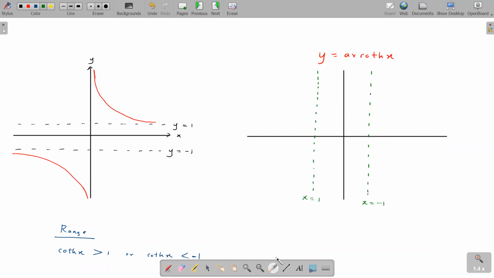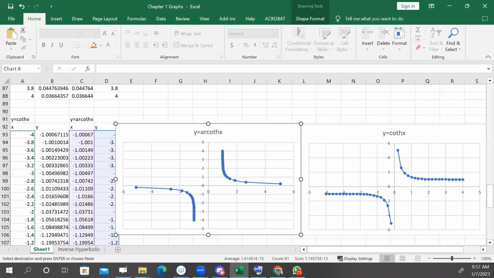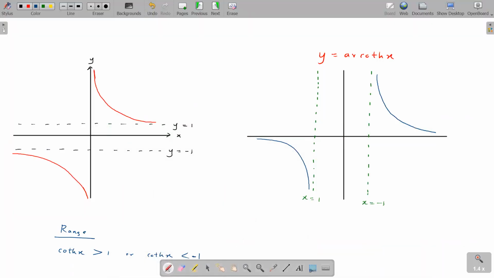Between these two, x equal 1 and -1, you don't have any graph. There's a blank empty space, and the rest of the graph should go like this, right? All right, guys. So that's it. This is your graph. This is what we have over here. So this is the R cortex graph.